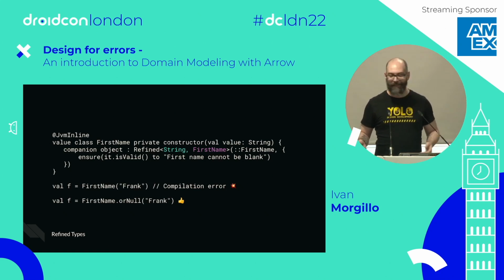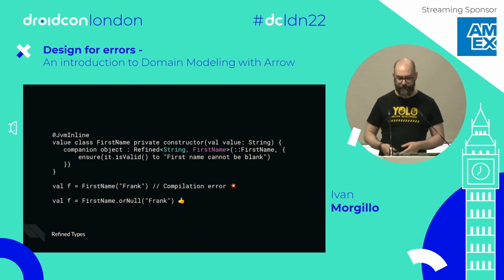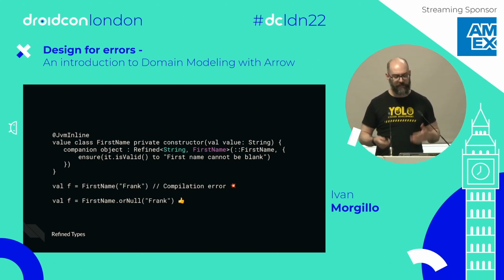That makes sense. So Arrow gives you a compiler plugin that saves you a bit of boilerplate. You can create these refined types where you pass a validation function and an error message, and you get basically what we were building manually, but you have it for free.